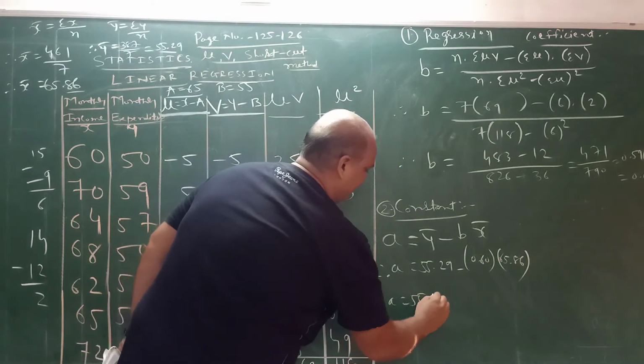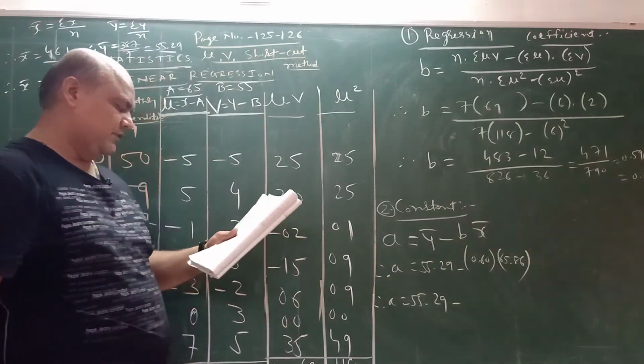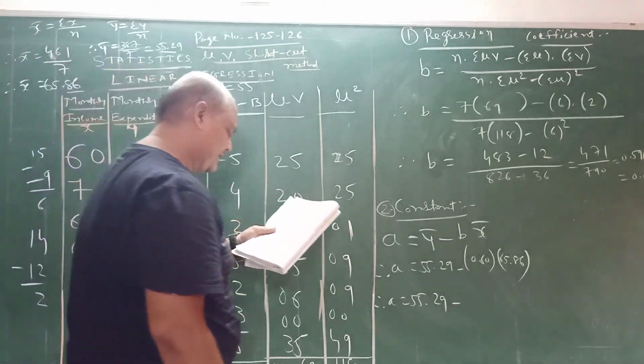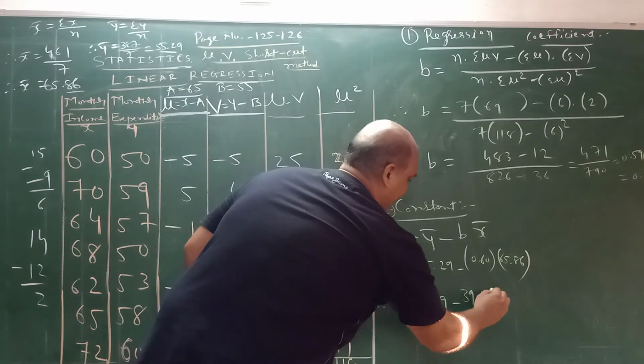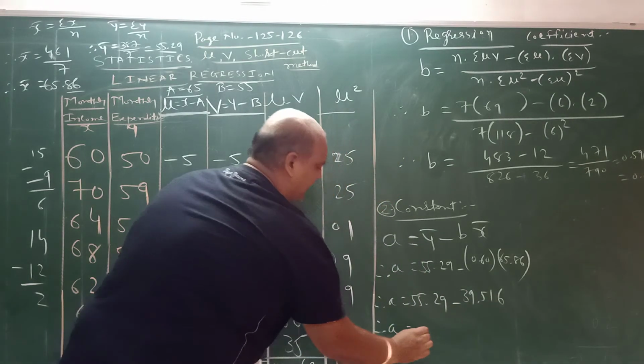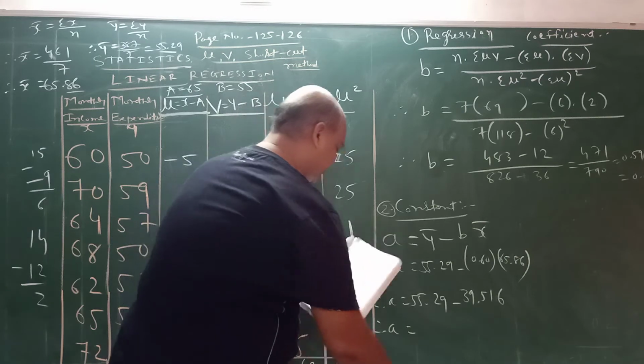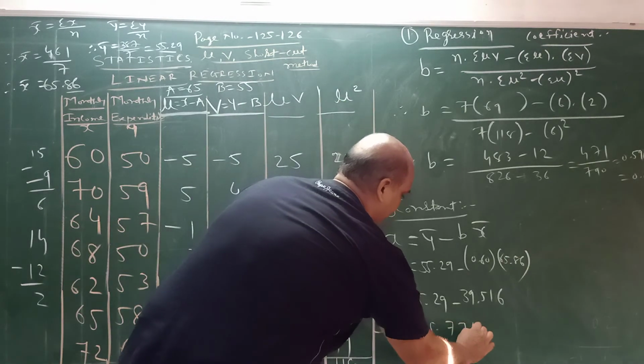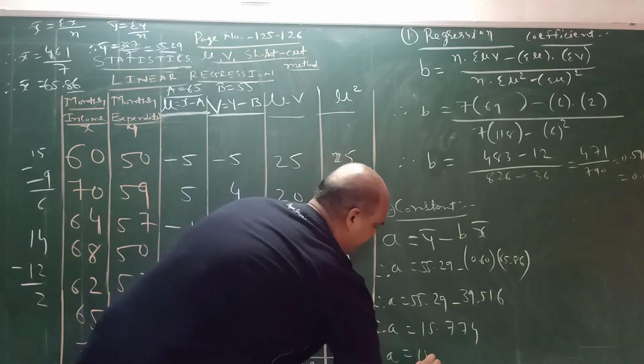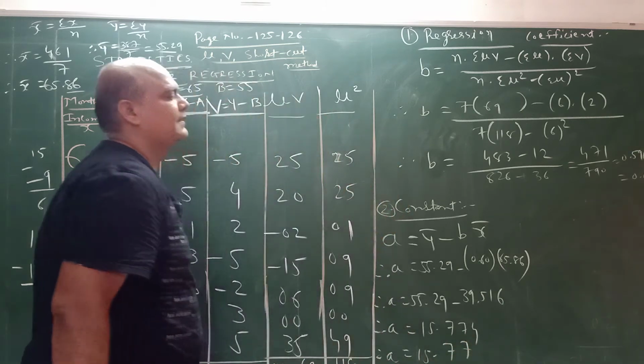So 55.29 minus 0.60 into 65.86 is 39.516. So the final answer of A is 15.774, or we can say 15.77, the constant.